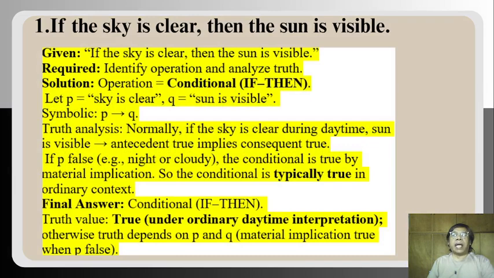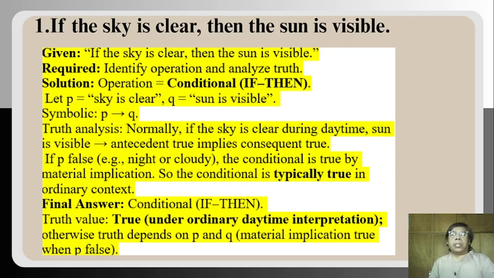Number 1. If the sky is clear, then the sun is visible. So we're given, if the sky is clear, then the sun is visible. Required: identify the operation and analyze the truth.